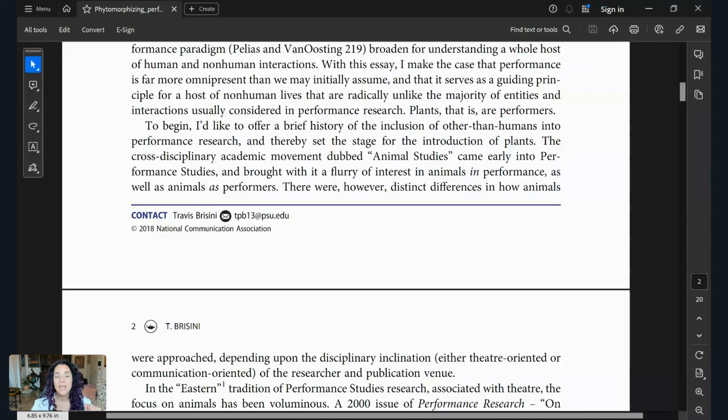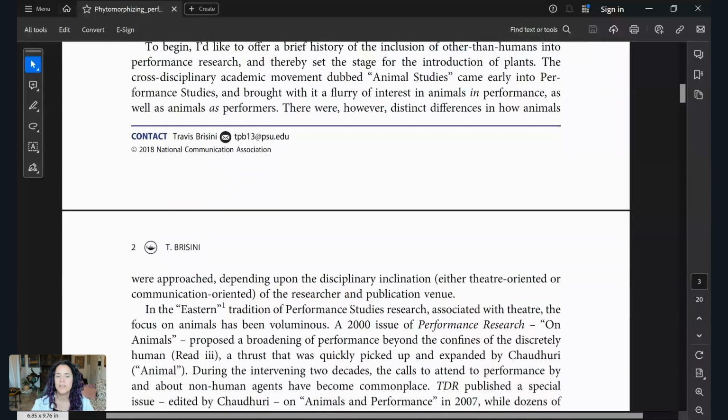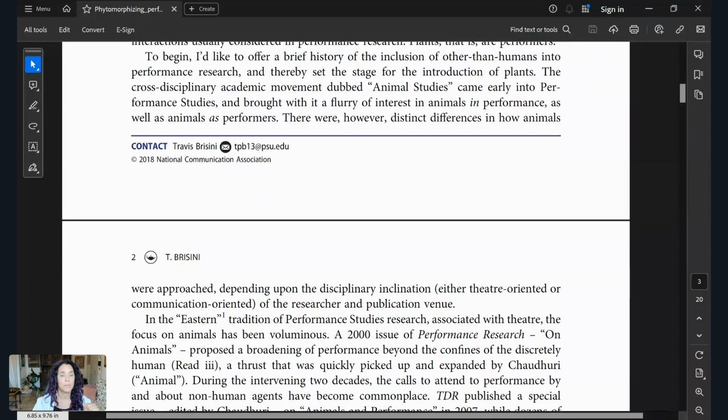To begin, I'd like to offer a brief history of the inclusion of other than plants into performance. And this really matches beautifully into Giovanni Aloi's with, what's her name? I'm really bad with names today. Estado Vegetal. It's a performance piece that was done by, all right, that's it. I got to look it up because I feel like I'm not giving you good names.